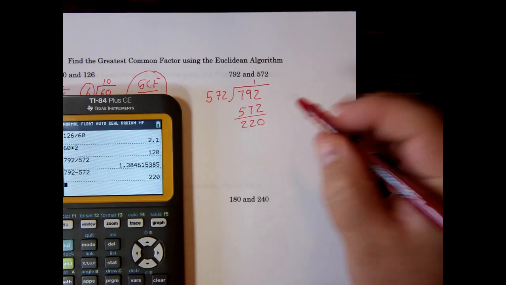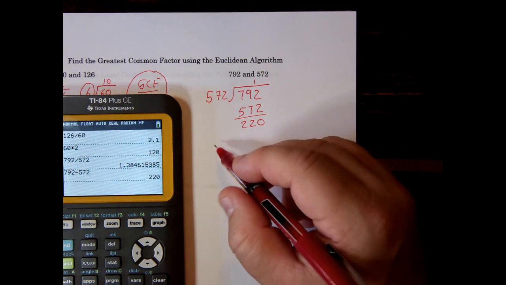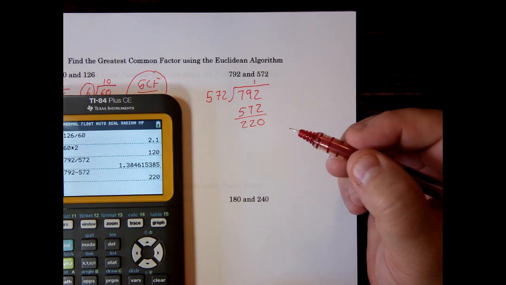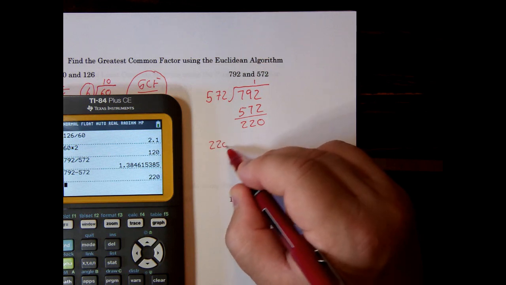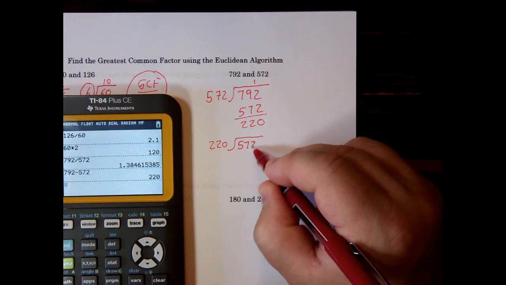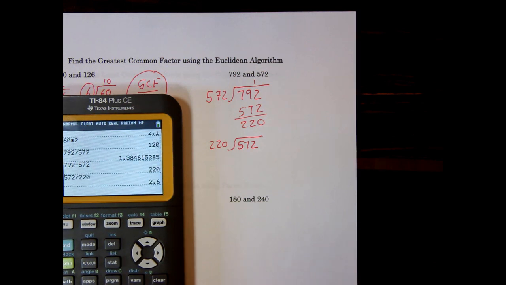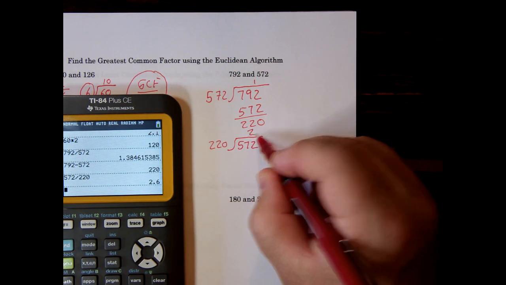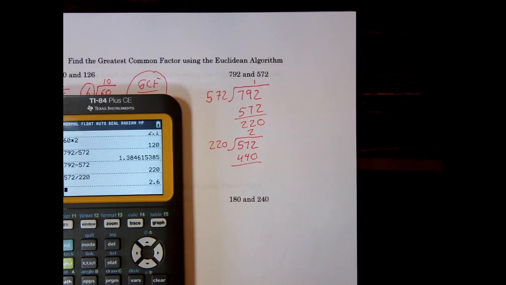So now, how many times will 220 go into 572? 572 divided by 220 actually goes twice with some remainder, which would be 440, and subtract 572 minus 440, 132.